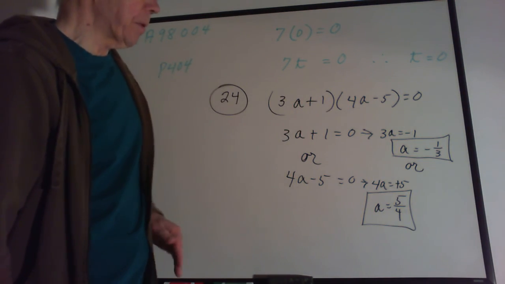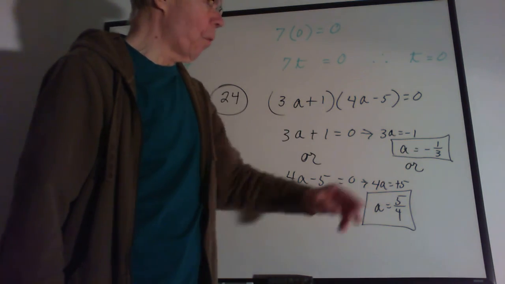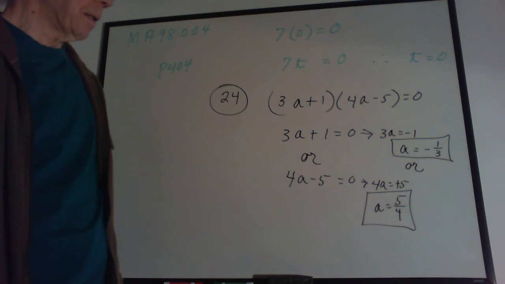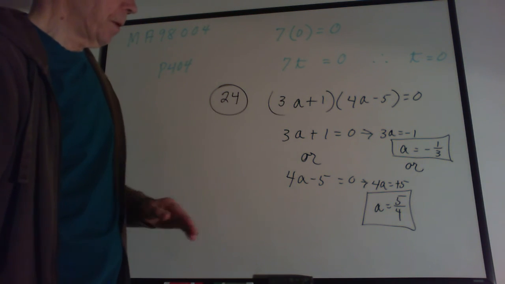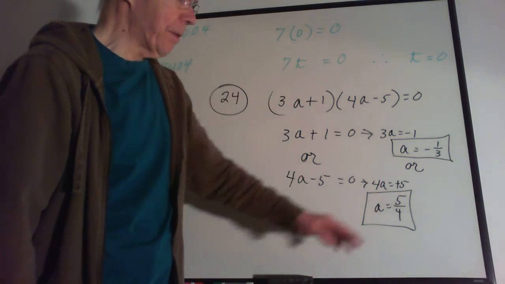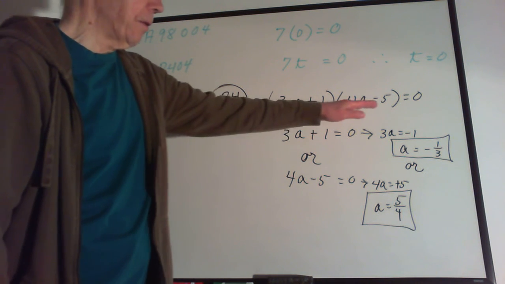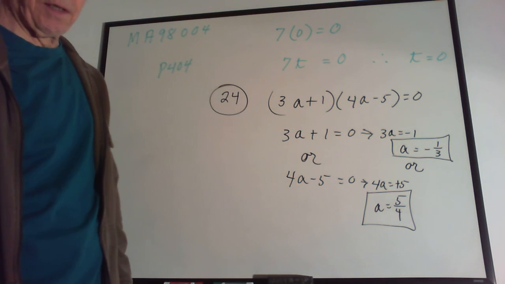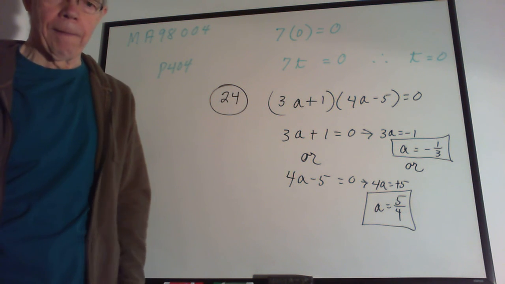So I set them up as equations, I solve them, I find that a can equal -1/3. That will make this set of parentheses 0. Or 4a minus 5 equals 0, which means a is equal to 5/4. That would make this set of parentheses 0. So those are my two possible answers.